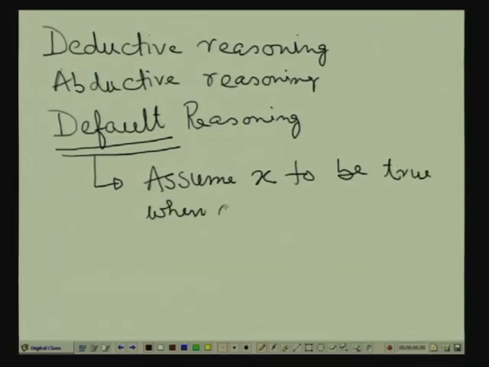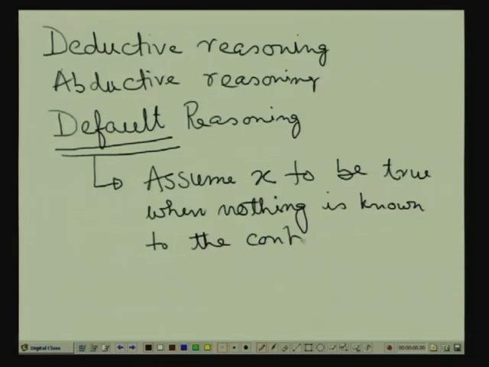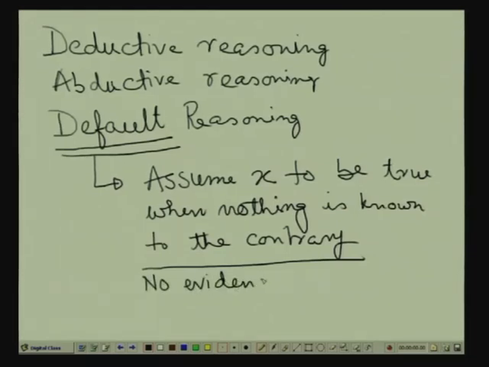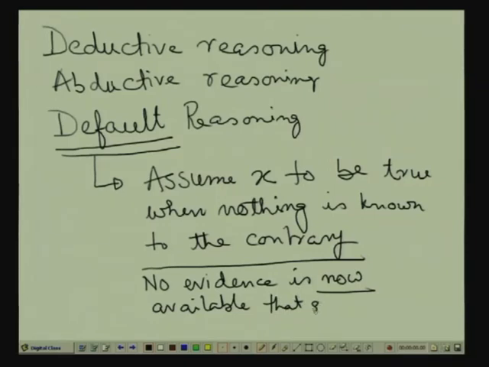when nothing is known to the contrary. That means, I do not have any evidence, no evidence is right now available, that contradicts x, that says not x.